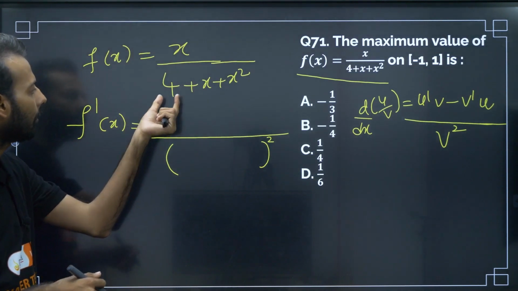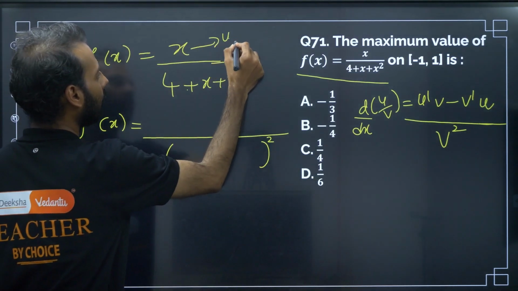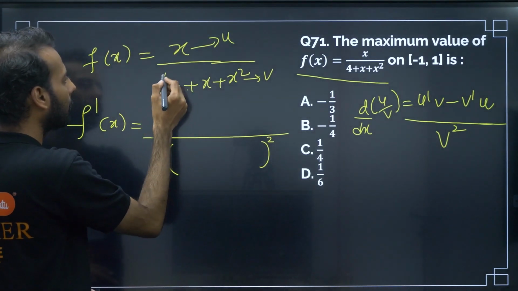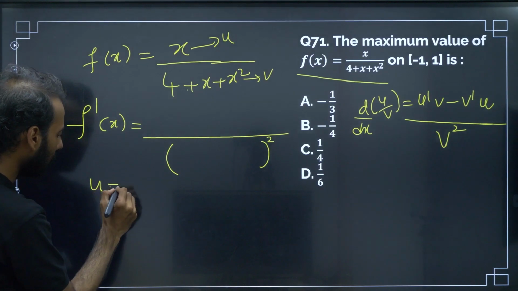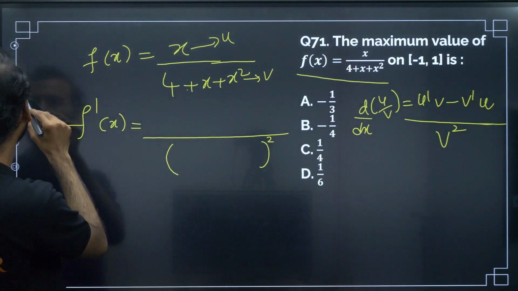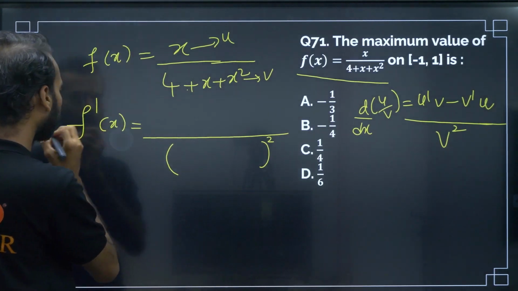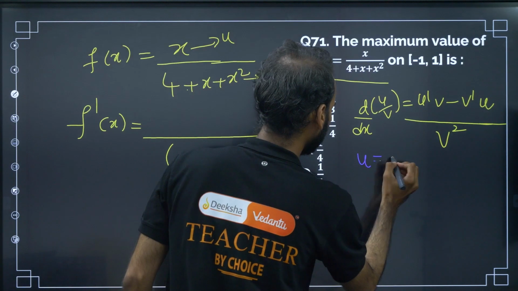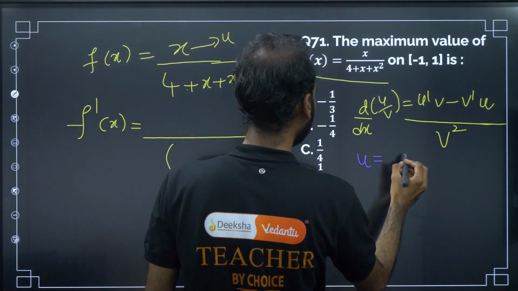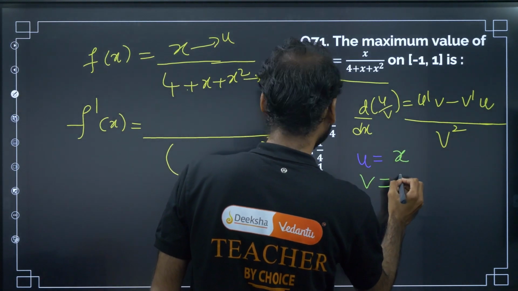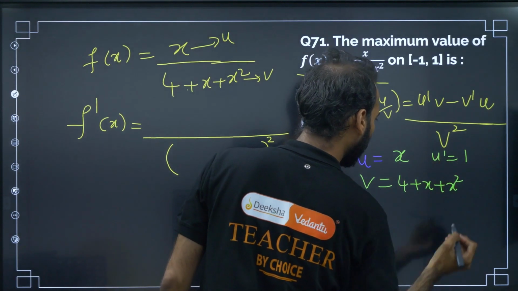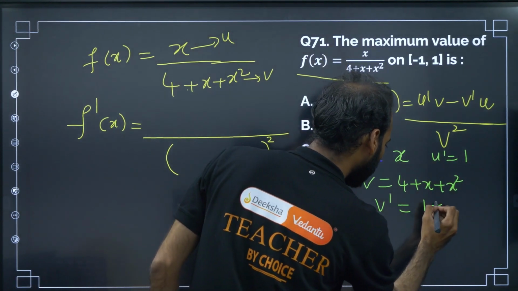Let me assign this is the u function, this is the v function, so denominator square, and u dash, so u is x, v is 4 plus x square, so u dash is 1, v dash is 2x.